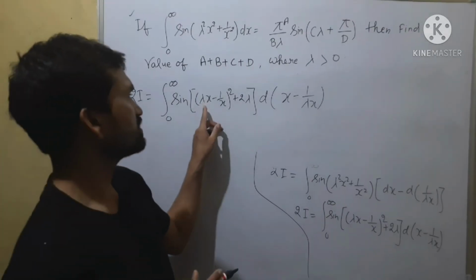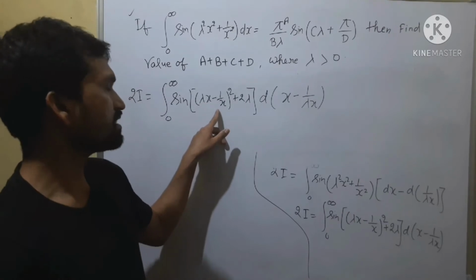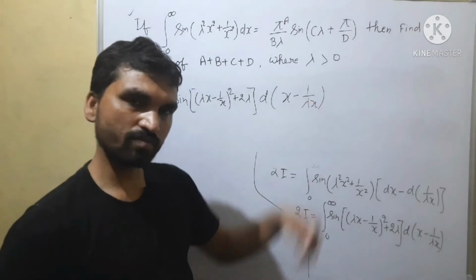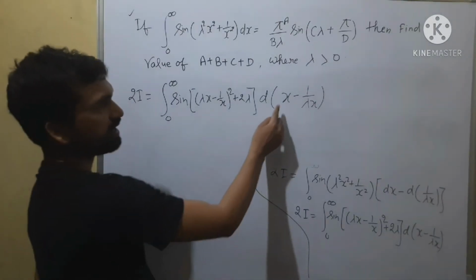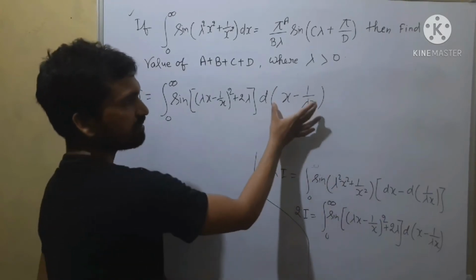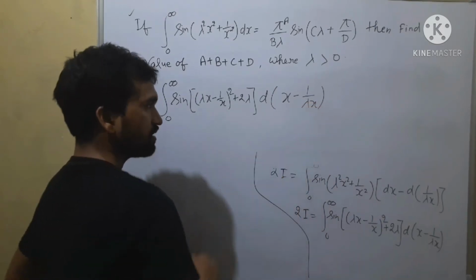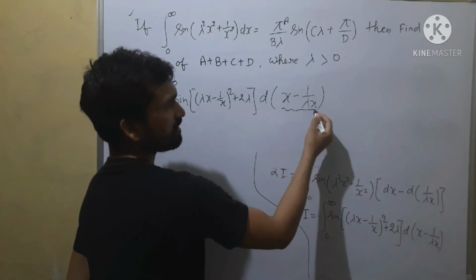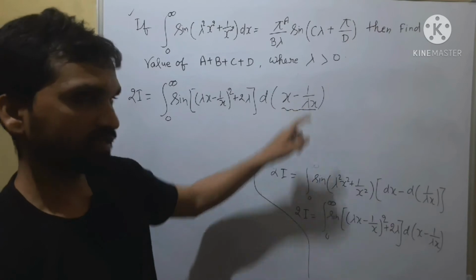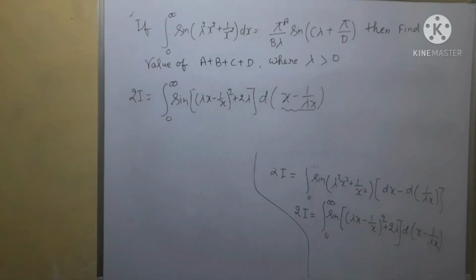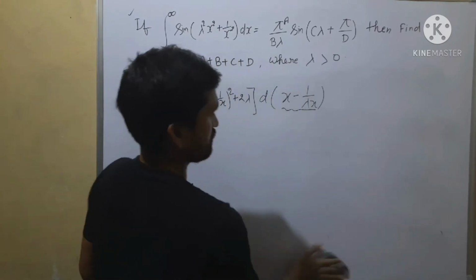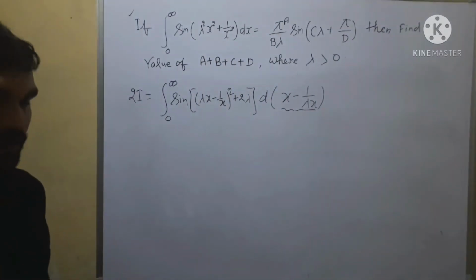Now we should think about the next step. Guys, here we can see that it is lambda x minus 1 by x, but here it is x minus 1 by lambda x. We can achieve lambda x minus 1 by x by simply multiplying this term by lambda. So we should multiply and divide the whole term by lambda.